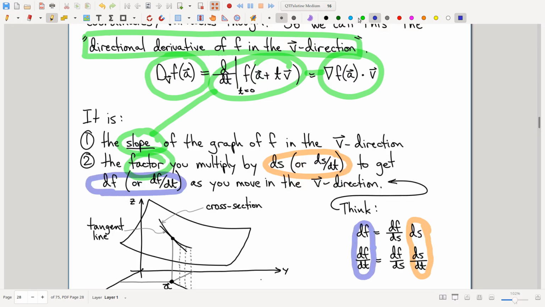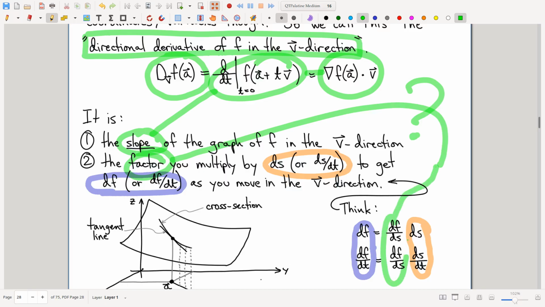What should I call this multiplicative factor? What would be the natural notation to use that I multiply by ds to get df? And I propose, I think this is extremely reasonable, I think df ds is a very reasonable thing to call it because you can't actually do the cancellation.